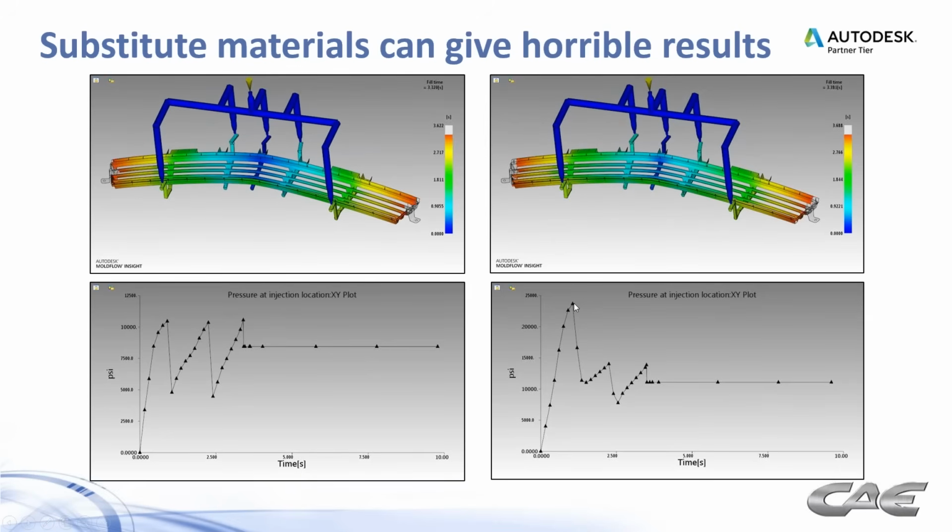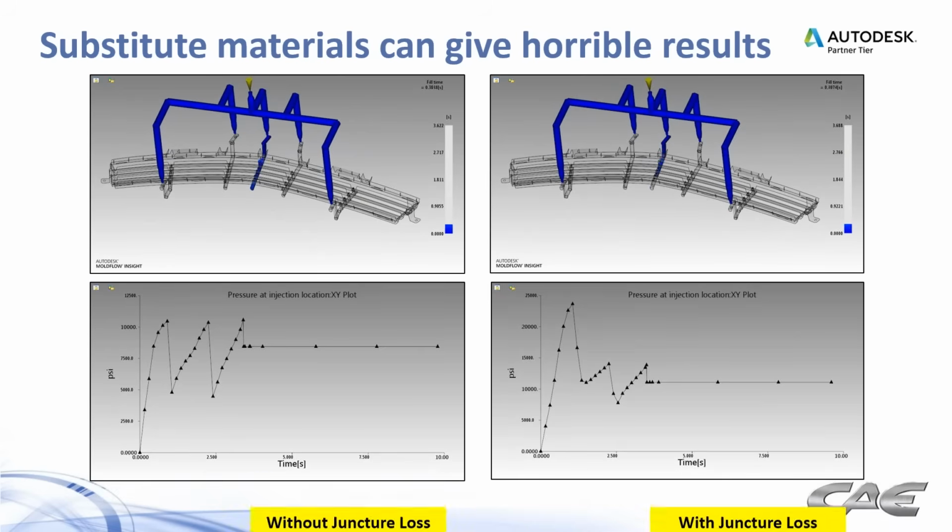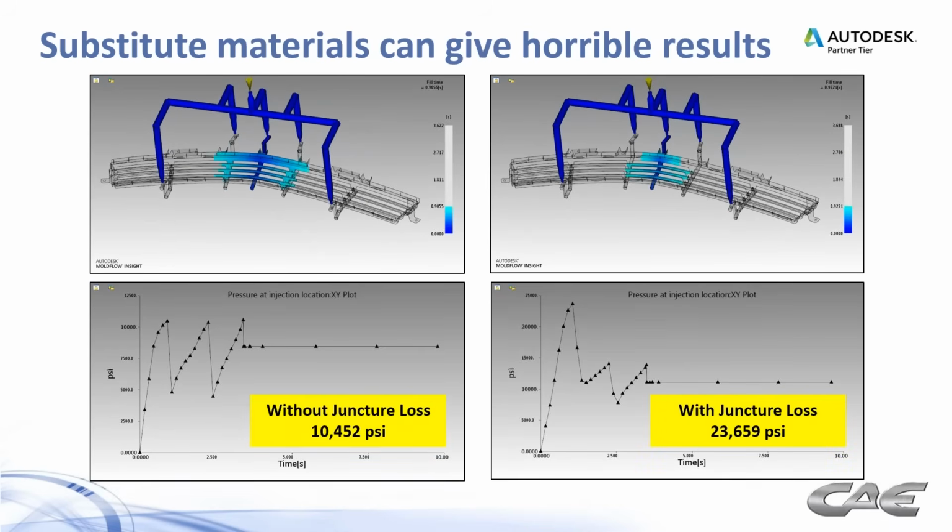They couldn't mold the part, and the reason was something called juncture loss data. And there's many materials in the Moldflow database that don't have this juncture loss data. So without the juncture loss data, you can see well under predicted. So imagine their surprise when they got to the press and couldn't mold it.